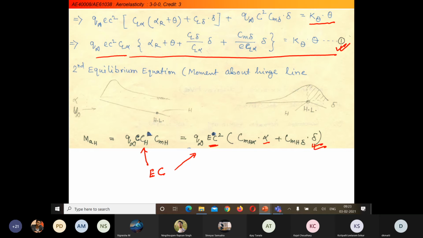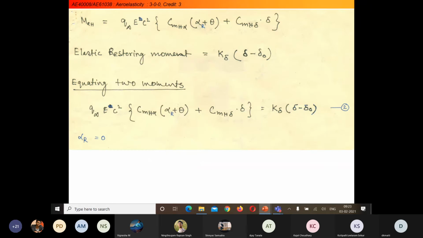This is the aerodynamic moment developed due to the control surface about the hinge line. This equilibrium equation we are considering about the hinge line, and finally the elastic restoring force will be K delta into (delta minus delta naught).